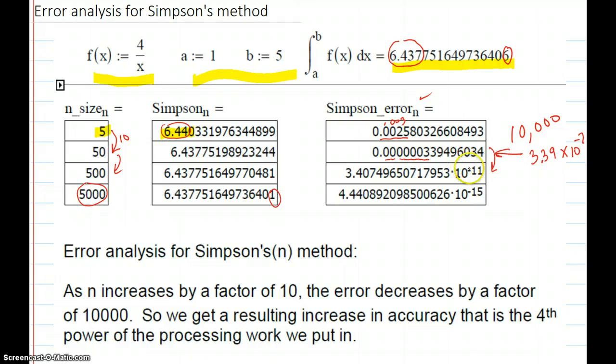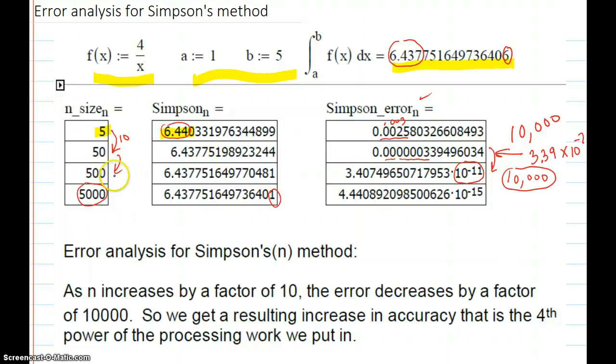So you can see that we've jumped to a number in scientific notation that has 10 to the negative 11th. So we've gained 4 decimal places again. So that's a 10,000 factor decrease in the error.